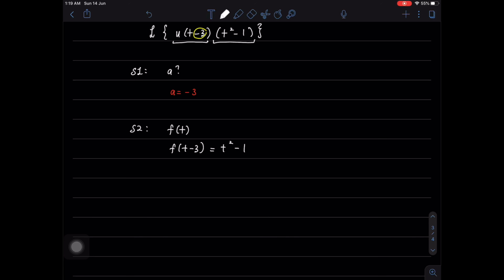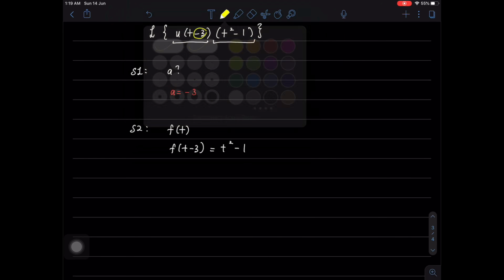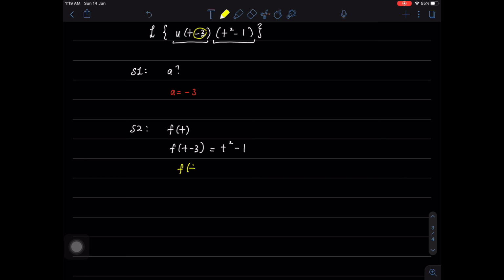You don't want f(t-3), you want only f(t). To get f(t) you need to add 3, because -3 plus 3 is 0. Therefore, whatever t is on the right side, you need to replace it by t plus 3.